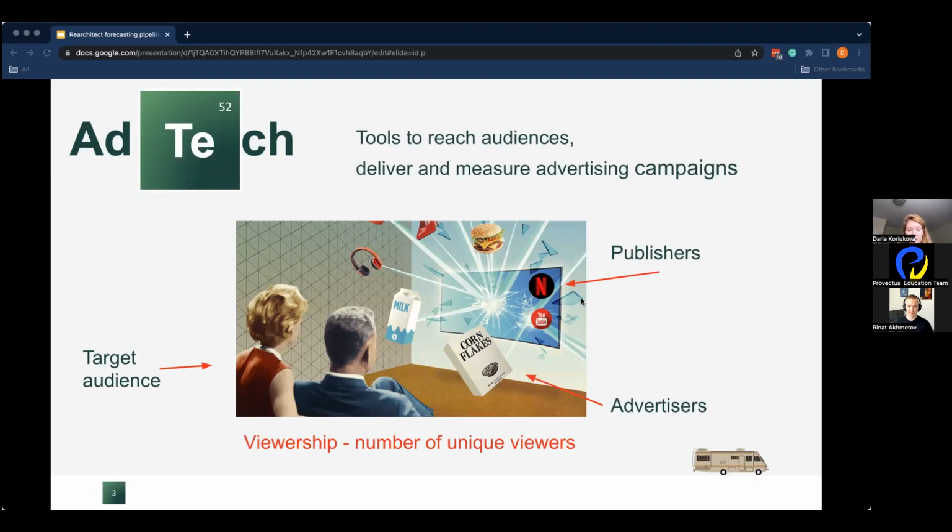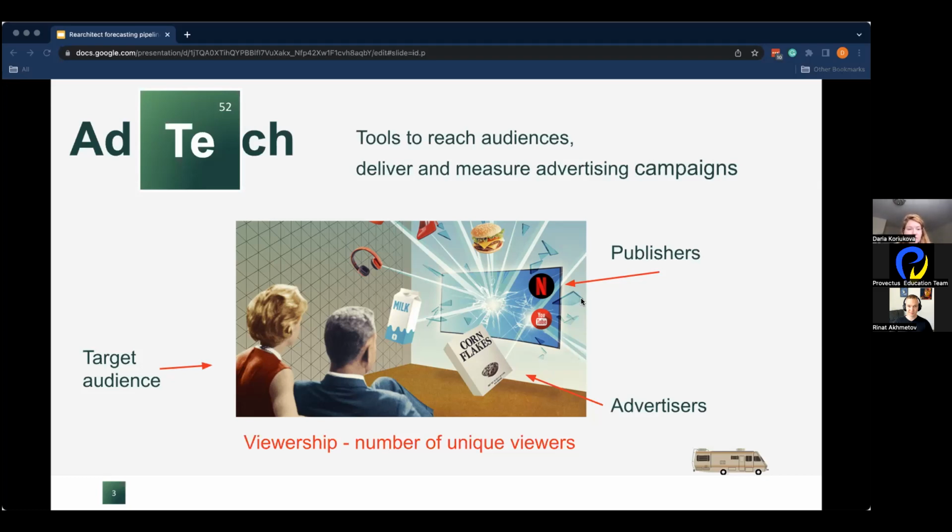Starting from the simplest one, we have advertisers. Basically, these are all brands familiar to you, like PepsiCo, McDonald's, Nike, etc. All the brands that are looking for advertisements in order to reach their target audience.